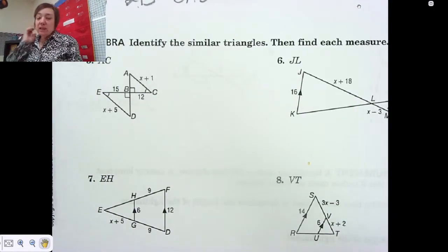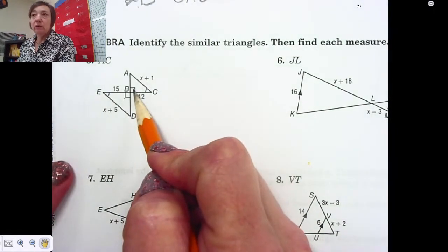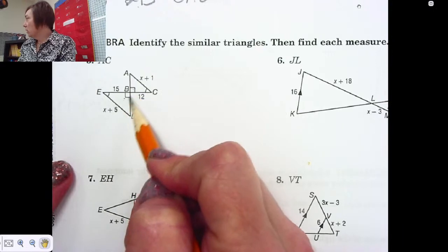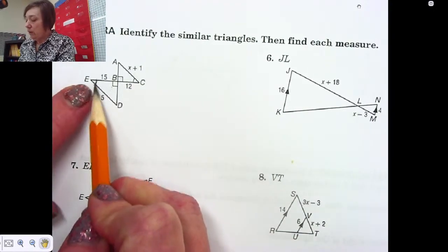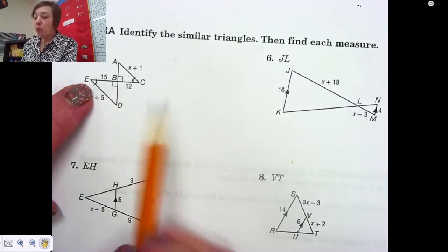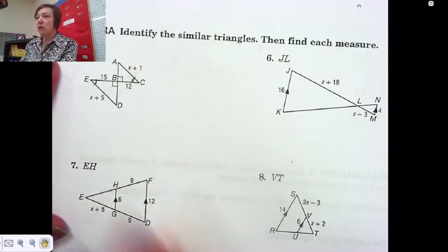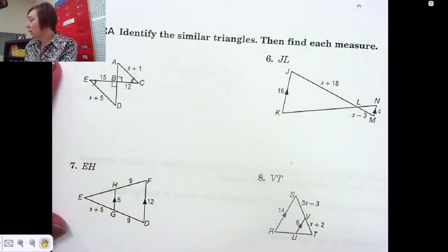Okay, so on this, notice we have this angle is congruent to this angle right here. So we know that those angles are congruent. And then this angle here is congruent to this angle, which tells us these two triangles are similar, which, by the way, all of these are going to be similar because we're solving them.